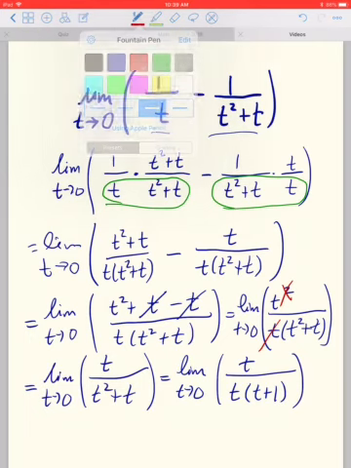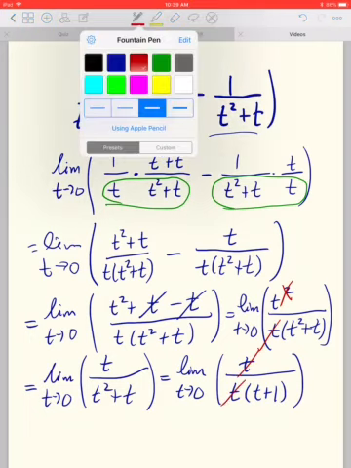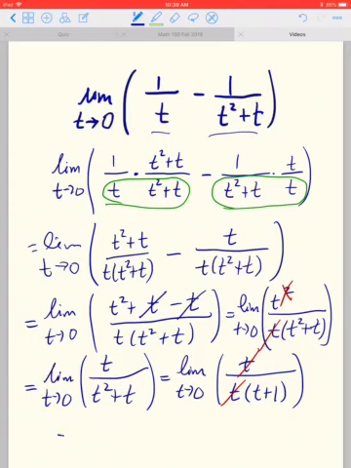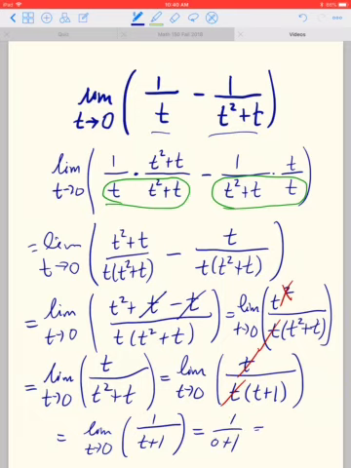I can do one more cancel of that t. And so I get, at the end, the limit as t goes to 0 of 1 over t plus 1. And now I can plug t equals 0 in, and I get 1 over 0 plus 1, which is 1 over 1, which is just 1.